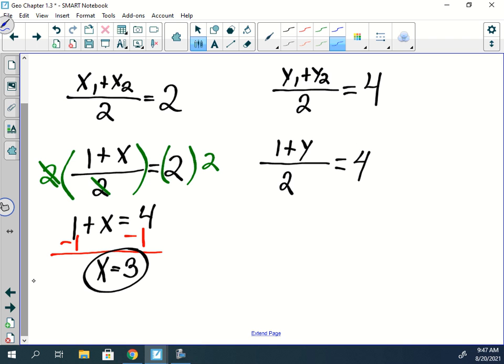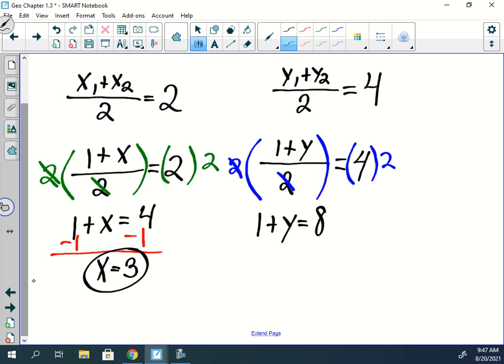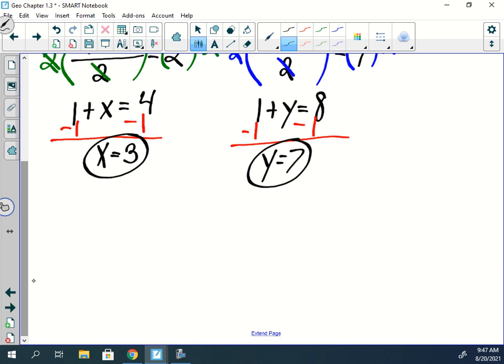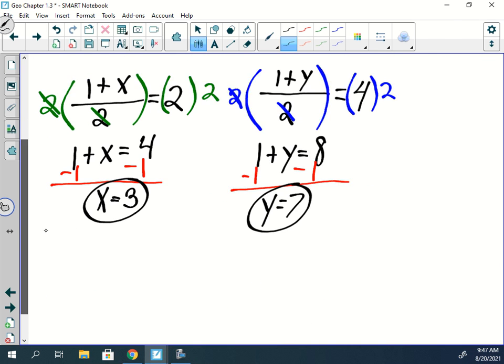All right, so what can we do here? Multiply both sides by 2, because we want those 2's to cancel, which leaves us with 1 plus y is equal to 8, and again we would subtract 1 from both sides, telling us that y is equal to 7.